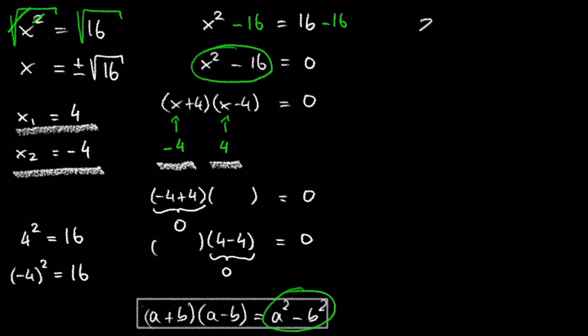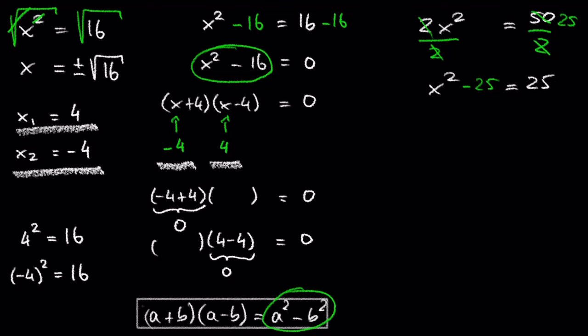2x squared equals 50. After dividing by 2, and subtracting 25 on each side, we get x squared minus 25 equals 0.